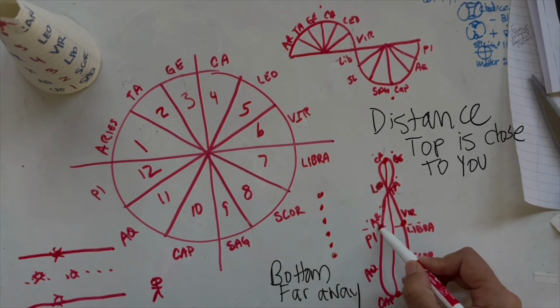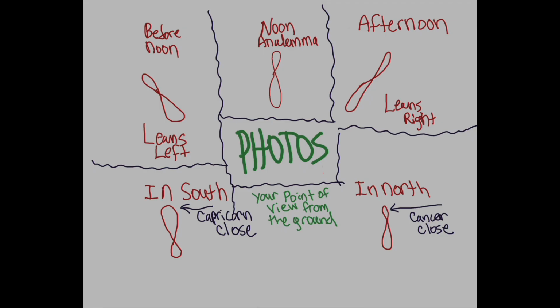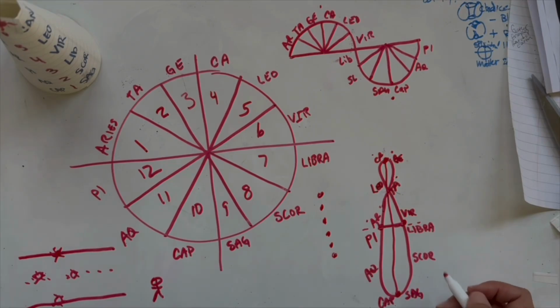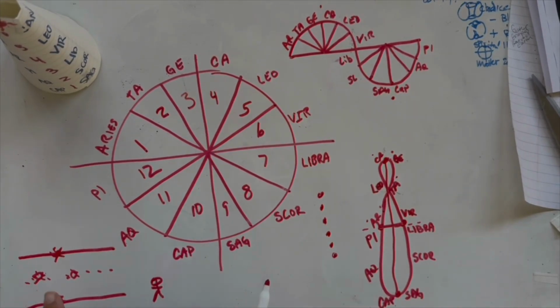Here, making your sign of the cross. So that is represented here, which is represented here, which is represented what you see in the sky.